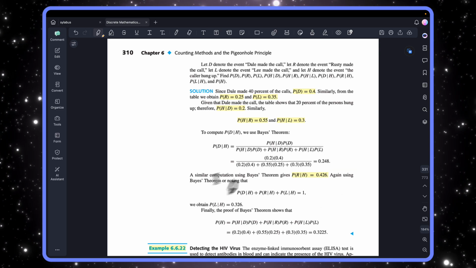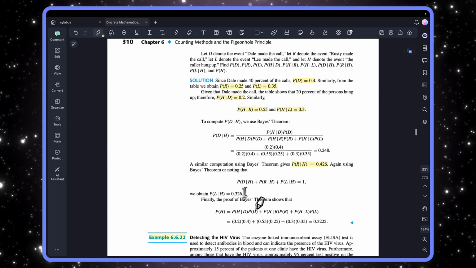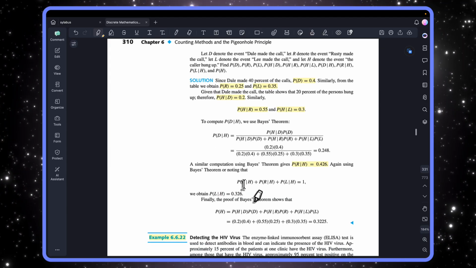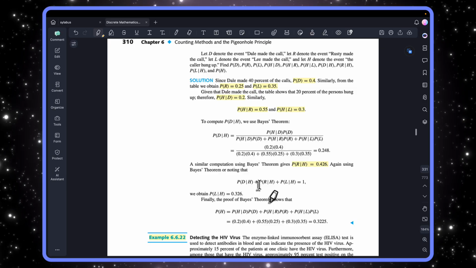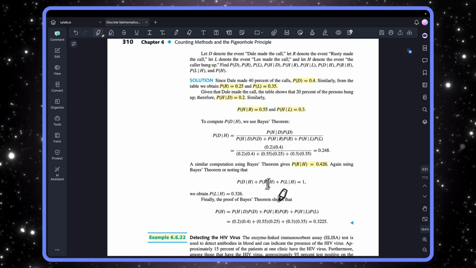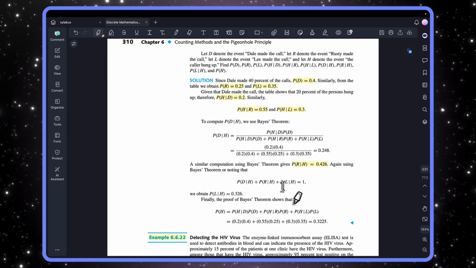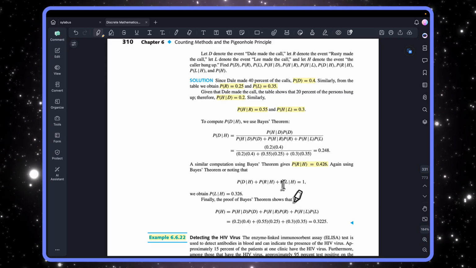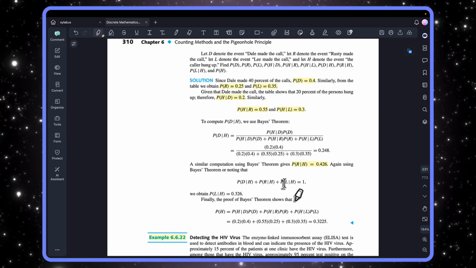Again, using Bayes' theorem, we notice that the probability that Dale made the call given they hung up, plus the probability that Rusty made the call given they hung up, plus the probability that Lee made the call given that they hung up, is 1.